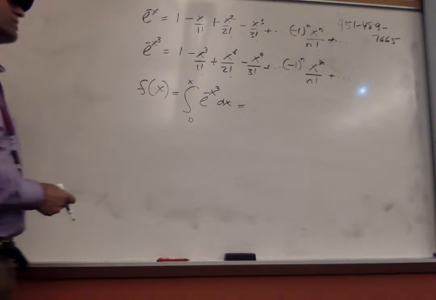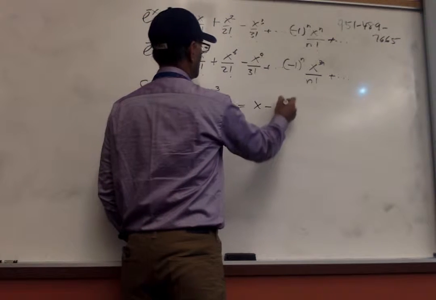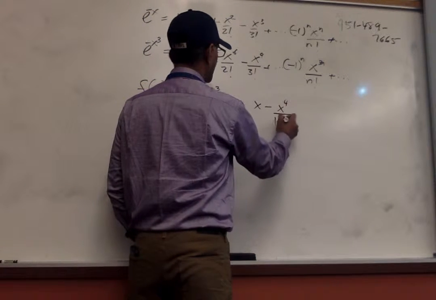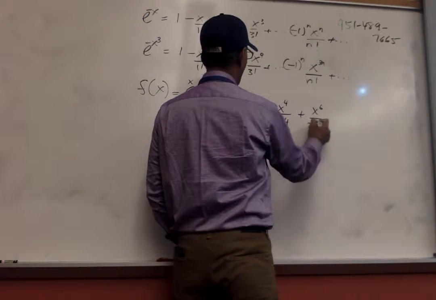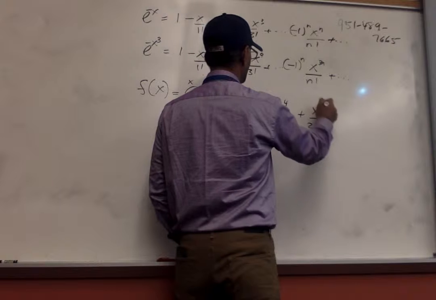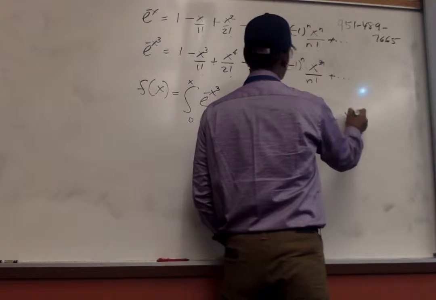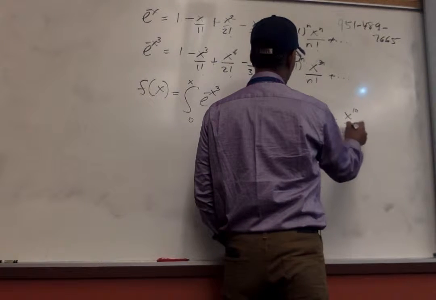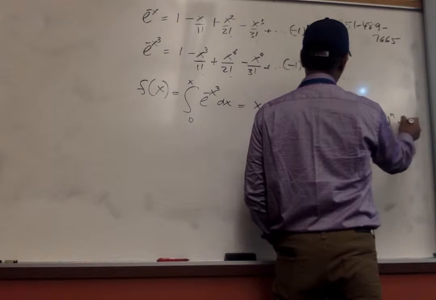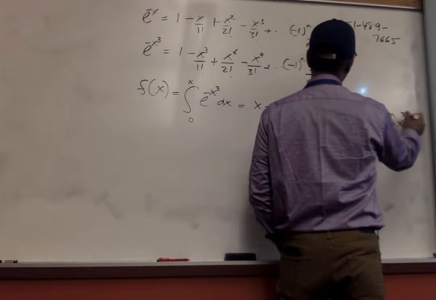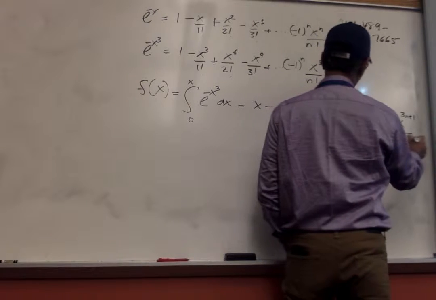So what is your first term going to be? x minus x^4 over 1 factorial times 4, plus x^7 over 2 factorial times 7, minus x^10 over 3 factorial times 10, plus dot dot dot, (-1)^n x^(3n+1) over n factorial times (3n+1).